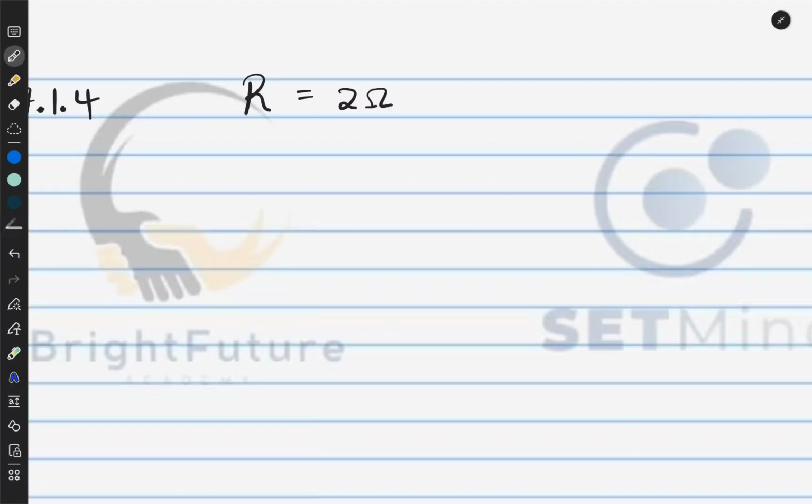Now, we know that from our triangle, from the guys that use a triangle, with V, with I, with R.